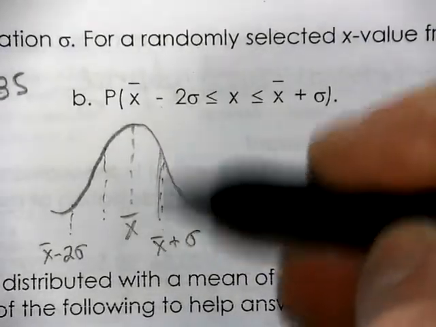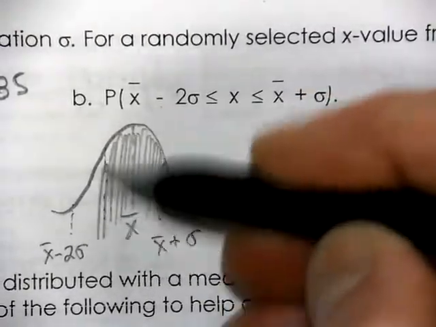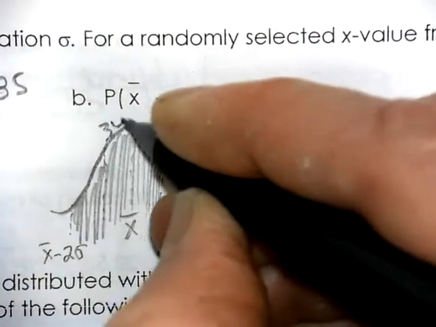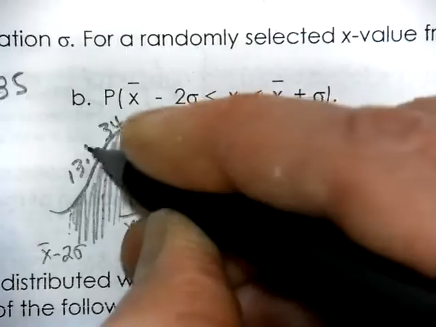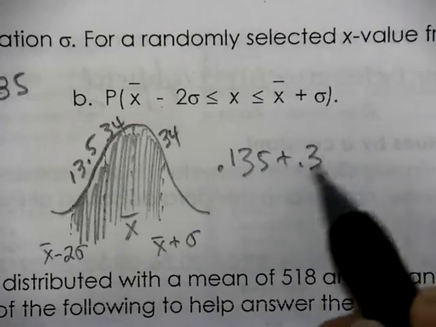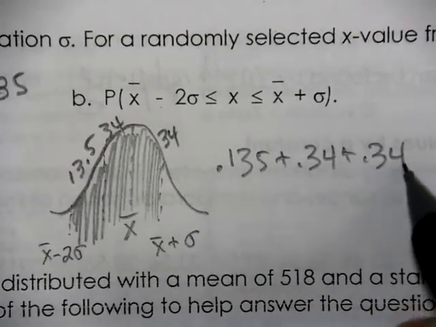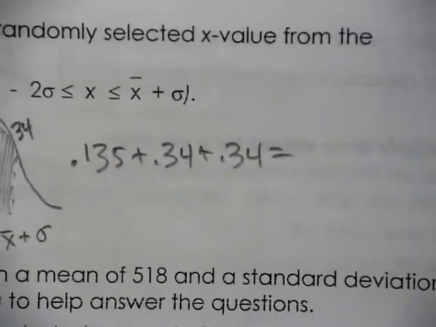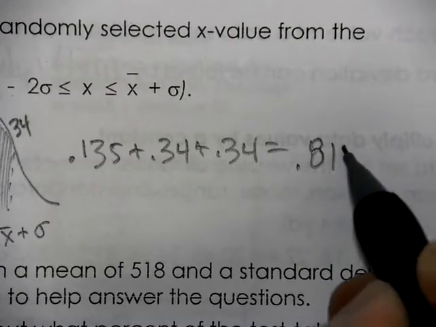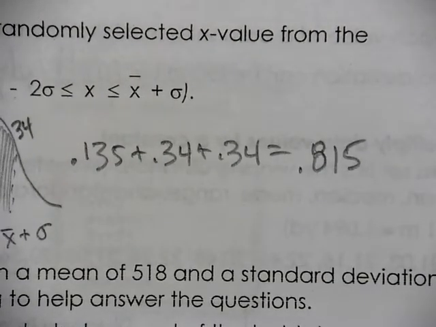So if we want the values in between that, then we're going to say that this was 34, this was 34, this was 13.5. We're going to add those together. We write the percentages as a decimal when we're looking for probability. We come up with 0.815. It wouldn't be easier to do the subtraction from 1. To look at all the values we don't want would be more difficult than just adding up what we do have.